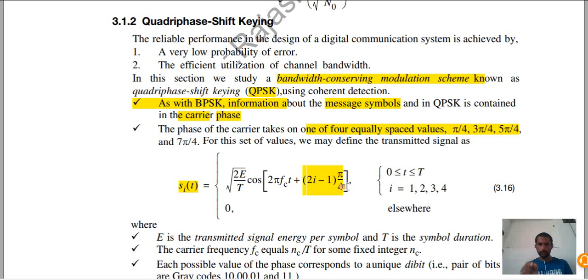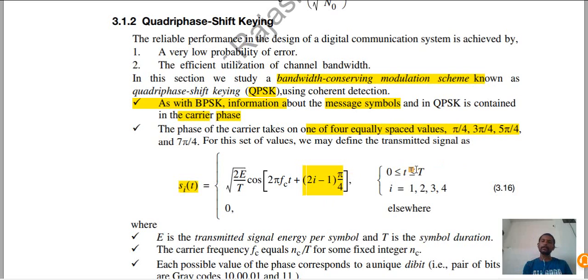The phase shift is expressed as (2i minus 1) times pi by 4, because here we have four phase shifts, that is pi by 4, 3 pi by 4, 5 pi by 4 and 7 pi by 4, and this is for one complete symbol duration, which is shown here.